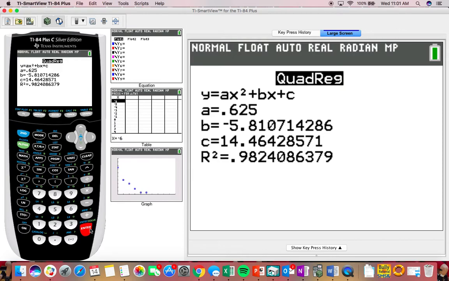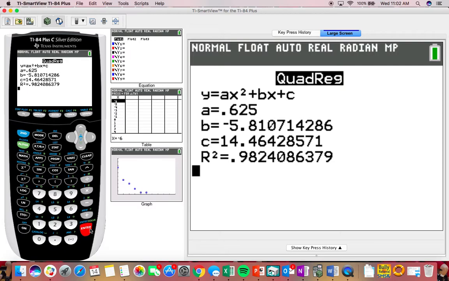It's telling you A is 0.625, B is negative 5.81, C is 14.46. Put those into your equation for your coefficients. So for mine, 0.63x squared minus 5.81x plus 14.46, and my r squared value is 0.98 to the nearest hundredth.